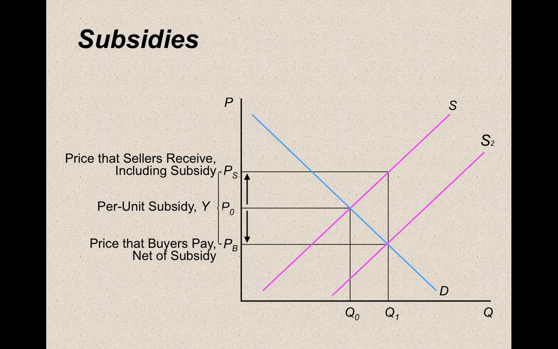We don't have defined units here, but you would draw it that much lower, and that would be your new supply curve. Price would go down to PB, and quantity would increase to Q1.